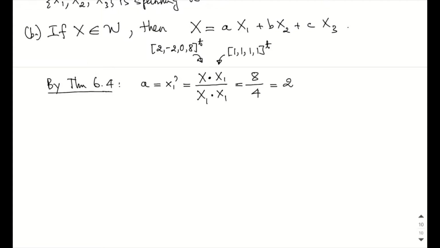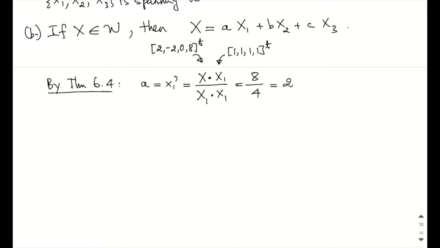The second scalar b is like x2 prime in theorem 6.4. So you dot x with x2 and divide it by x2 dot x2. Now, if you do all the computation correctly, then x dot x2 is going to give you -50, while x2 dot x2 is going to give you 50.